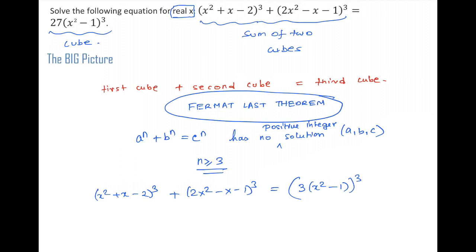We know by Fermat's last theorem there are no positive integer solutions to this equation, which tells us immediately that the only way this equality can hold is if one or more of them are zeros.